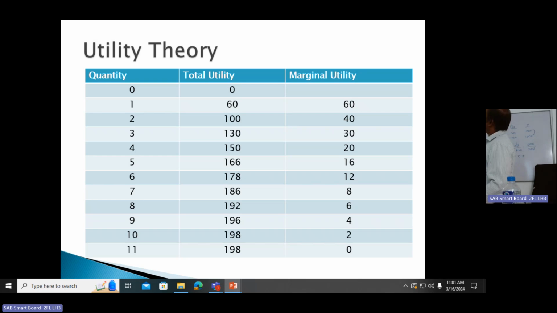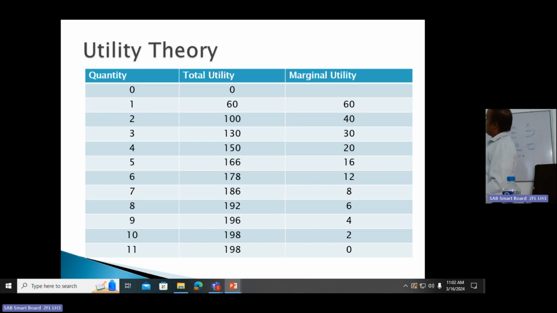What is the delta TU? When you increase from 0 to 1, the change in total utility is 60. 60 divided by delta Q, which is 1, means 60. Second, from 60 to 100, the change in total utility is 40. 40 divided by 1 means 40.